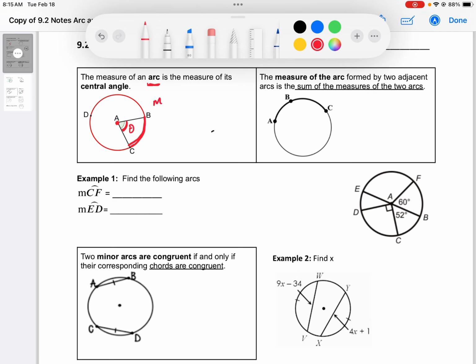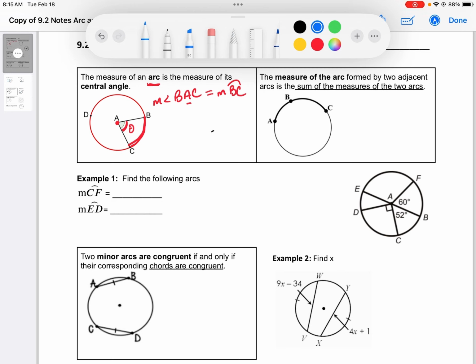In this case, we could name it angle BAC. The A just has to be in the middle because it's the vertex. And we could say that it is equal to the measure of arc BC. Angle BAC equals arc BC.